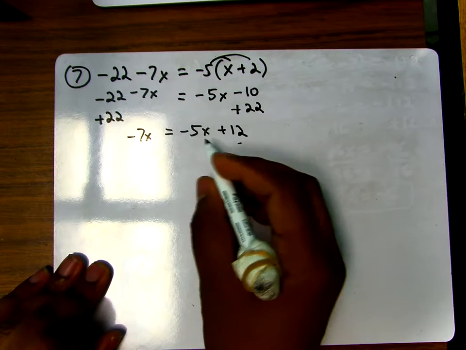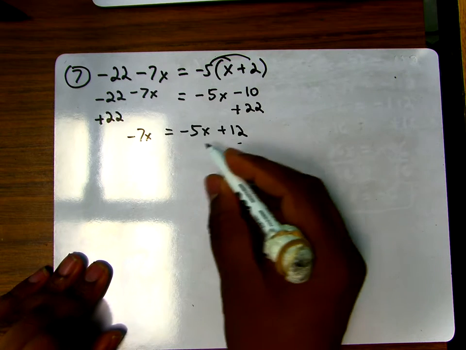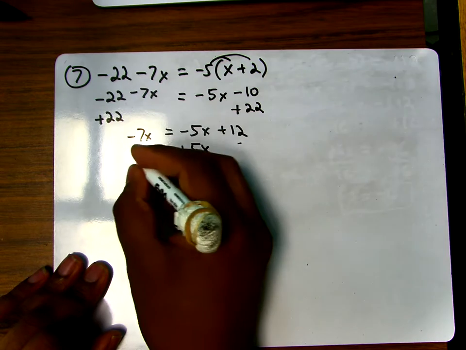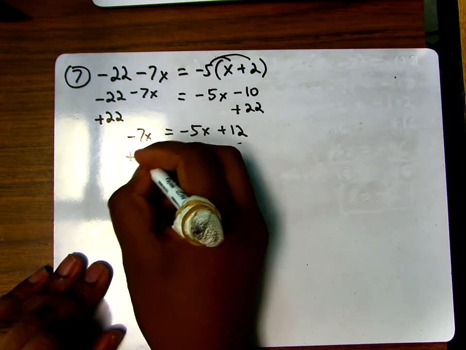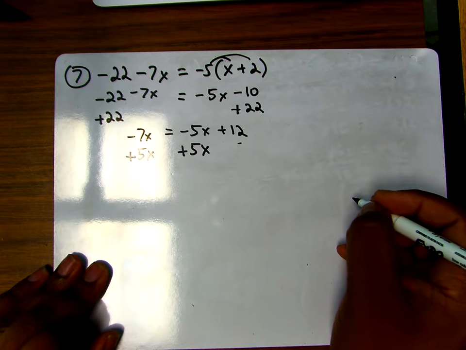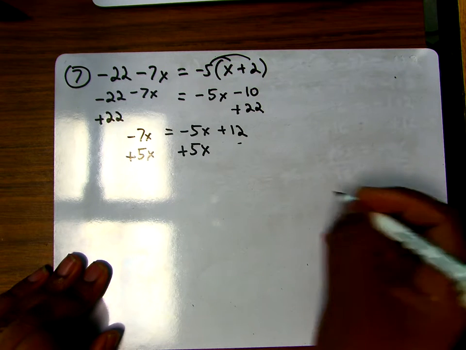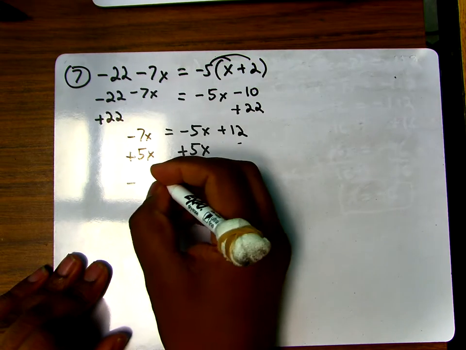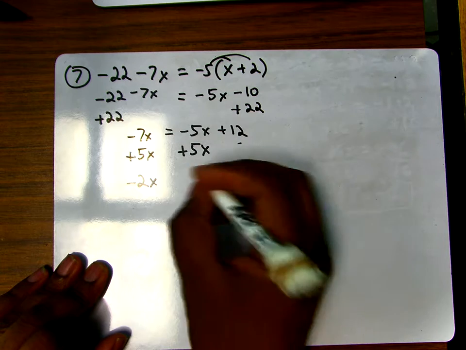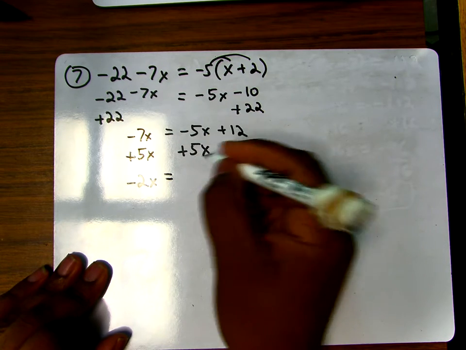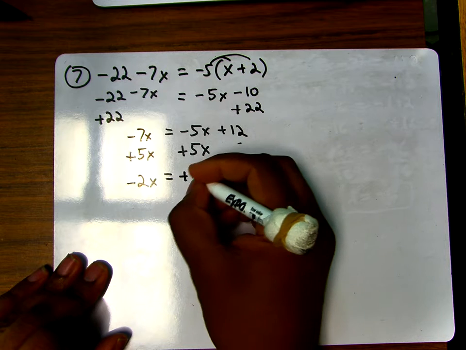I'm going to go from these two, this side with 2 terms, and add 5x so I can combine or collect here my like terms. All right, so -7x plus 5x is going to get you a -2x. Okay, and that's going to be equal to 0 plus 12 here.